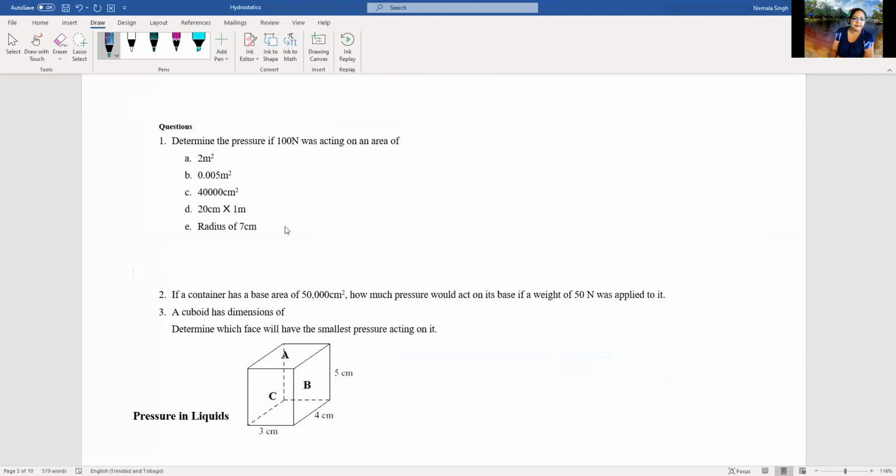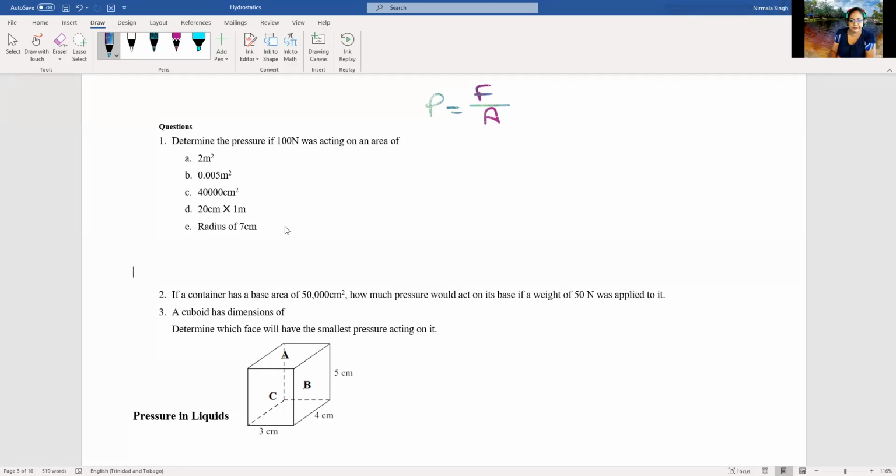Please note that pressure is equal to force over area. So question 1: Determine the pressure if 100 newtons is acting on A, 2 meters square, B, 0.005 meters square, C, 40,000 cm square, D, an area of 20 cm by 1 meter, and E, an area of a circle of radius 7 centimeters.